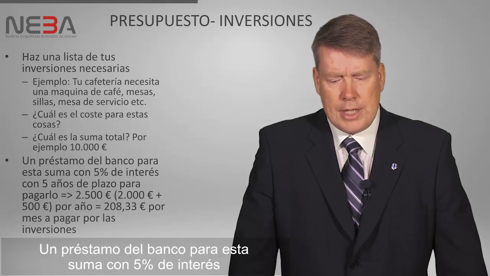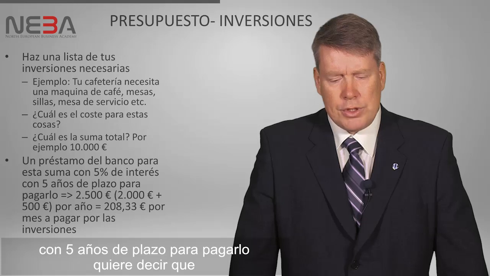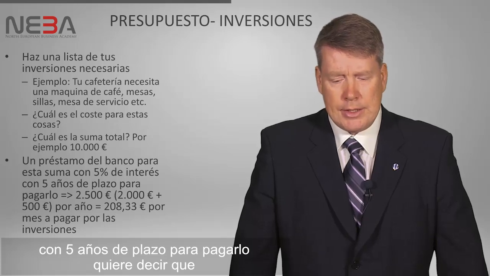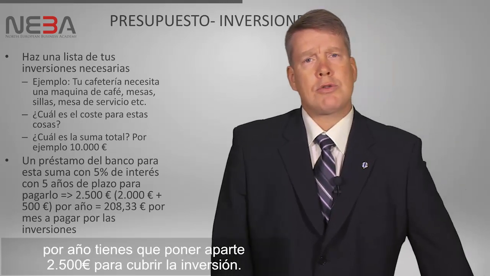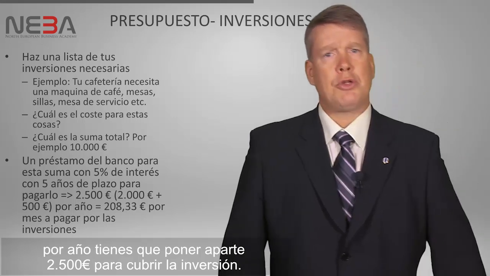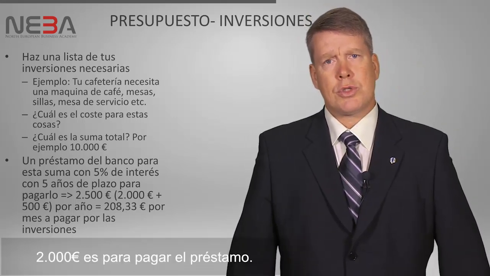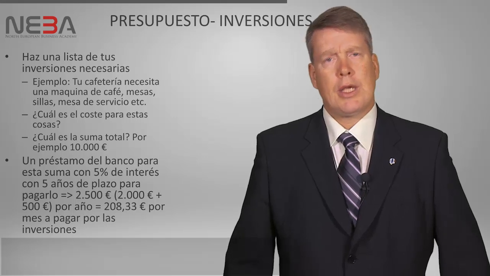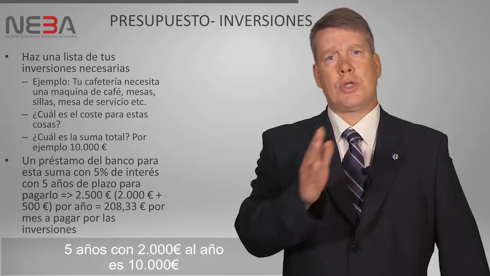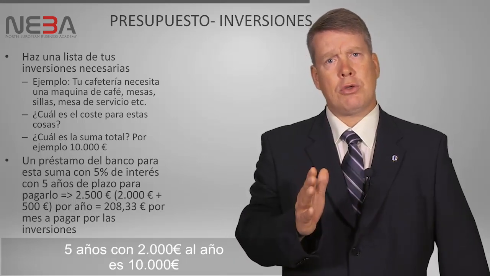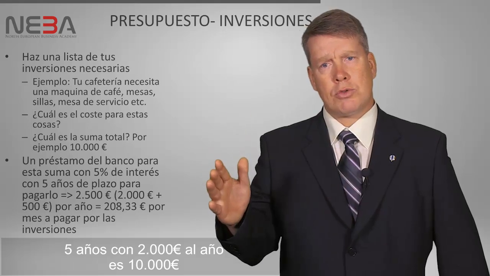A bank loan for this sum with a 5% interest rate and 5 years to pay back means that in a year it is 2,500 euros you need to reserve to cover the investment. 2,000 euros is to pay back the loan: 5 years, 2,000 euros per year, makes 10,000 euros.